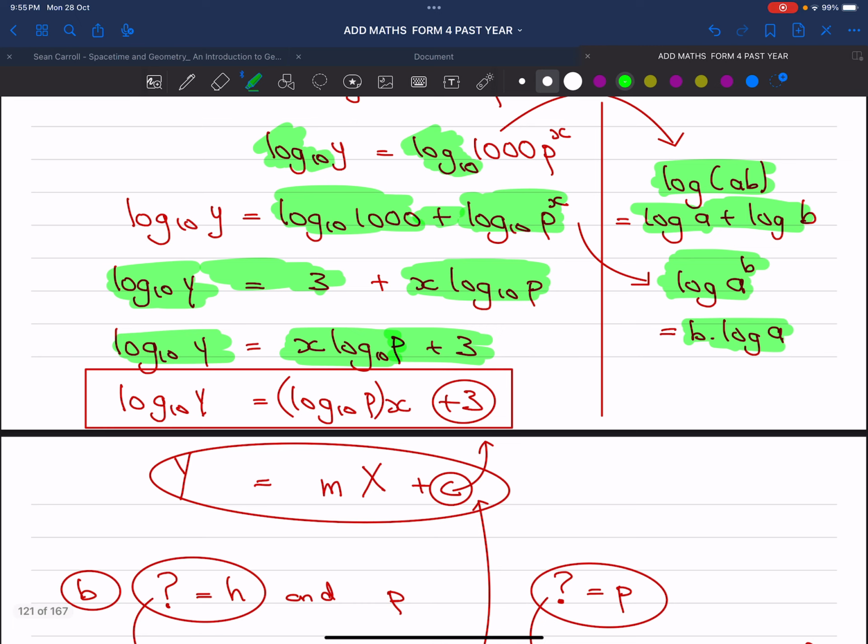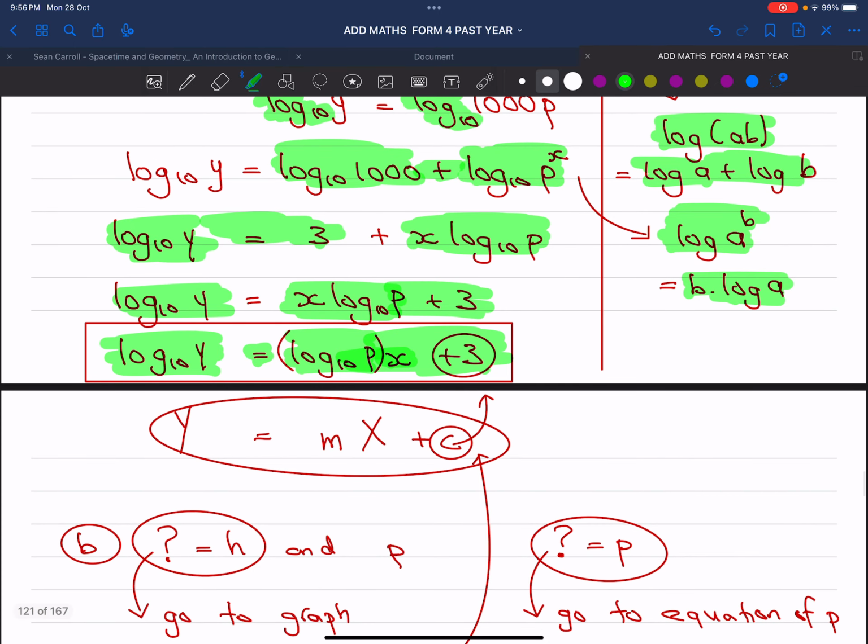But if you watch carefully, first we have the gradient, then we have the capital X. So I'm exchanging the X with the log P. I put the log P first and then the x. So our equation is log y base 10 equals log P base 10 times x plus 3, which is our answer in linear form.